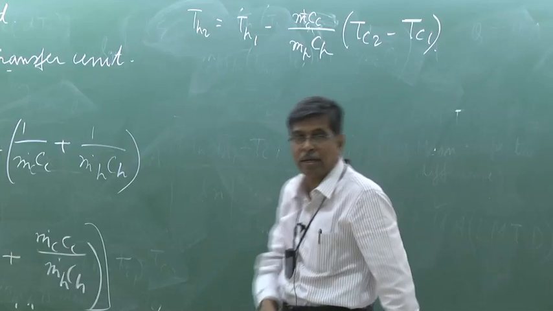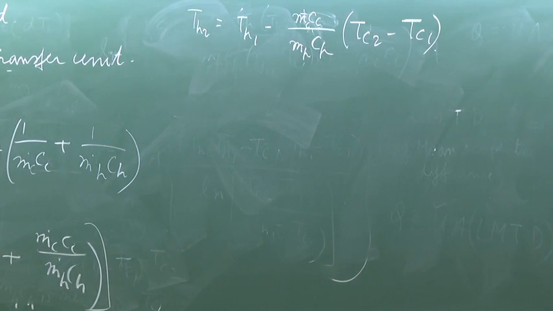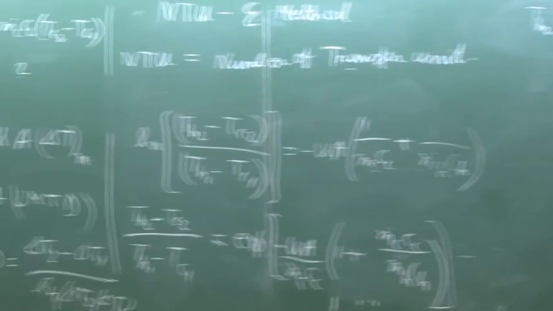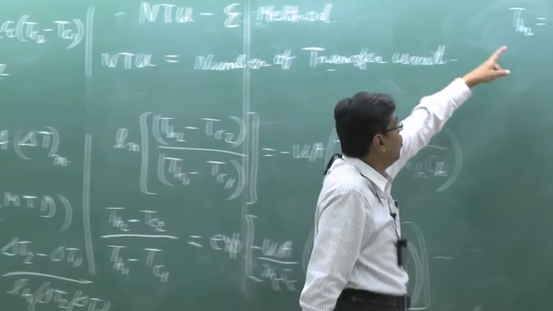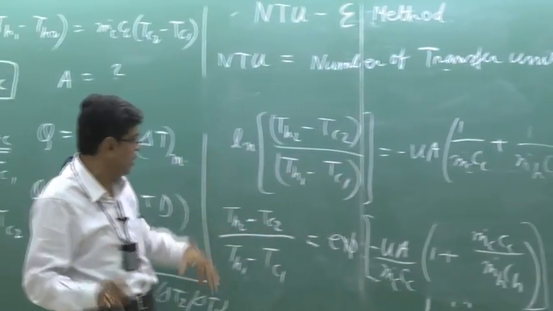I think I have done it correctly. That means the trick is that TH2 is substituted in terms of TH1, TC2 and TC1. TH2 will not remain here. You will understand why. All these tricks will be understood at the end. Now, if you substitute this, at the present moment you accept that this way it has to be done.